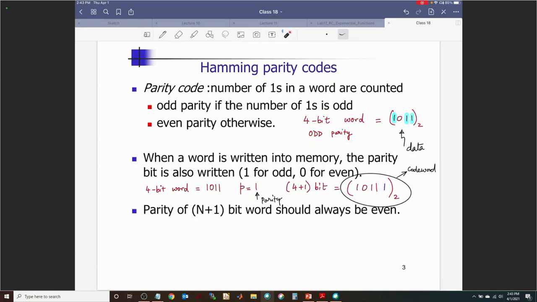Why is it that you read an even parity code word and you're still confused whether an even number of bits may be wrong? You are absolutely right. If you have two errors or four errors, you may still get an even parity code word being read.